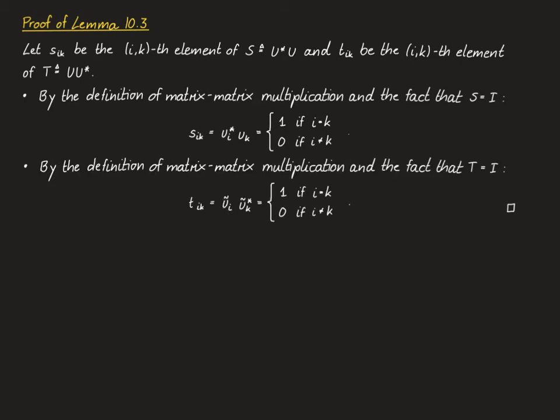Exactly the same argument can be made for two row vectors, u_i tilde and u_k tilde of the matrix U, whose inner product must be equal to 1 if i is equal to k and equal to 0 if i is not equal to k. Hence, the row vectors also form an orthonormal basis for Cn, and we have concluded our proof.